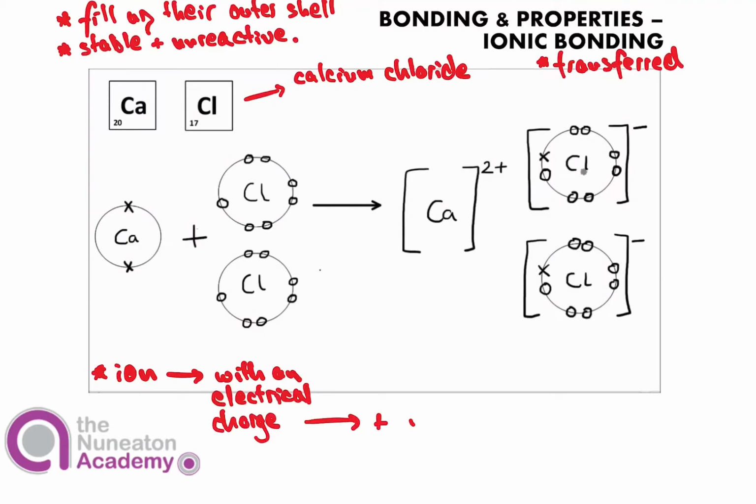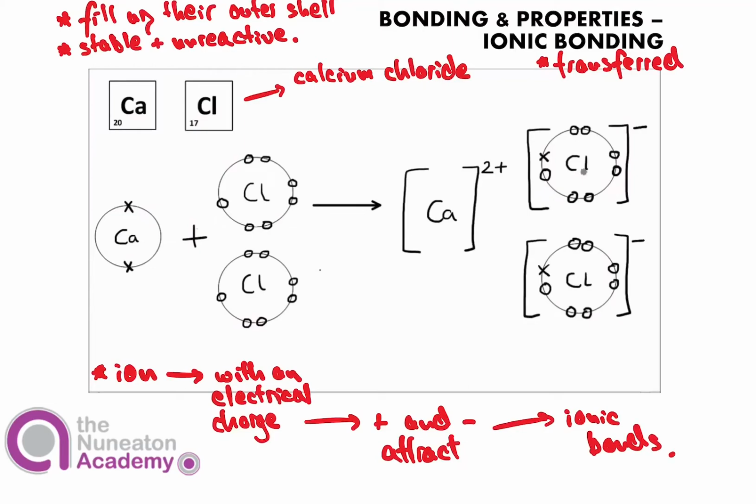Positive and negative attract. So when these atoms transfer electrons from one to the other, become positively or negatively charged, they then attract. And that attracting of positively and negatively charged ions creates ionic bonds, such as the one shown above.